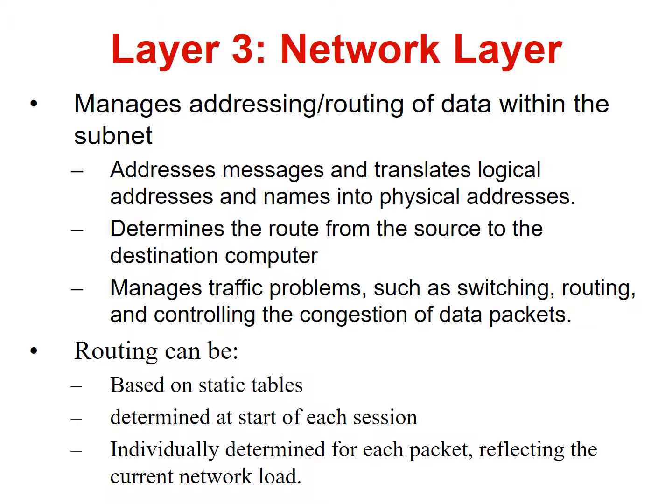So this layer is the one which manages where your data goes to, and it determines the source and the destination of your computer, and also manages traffic using switching, routing, and controlling congestion.